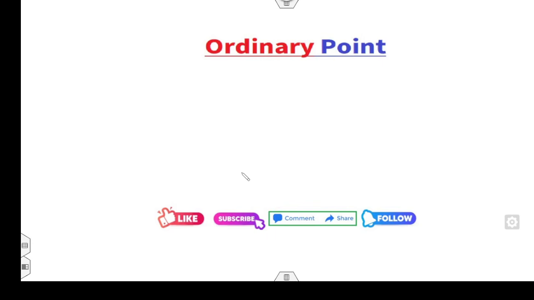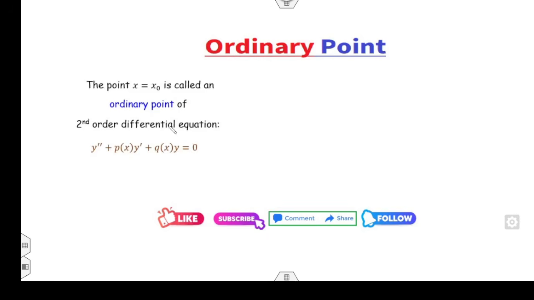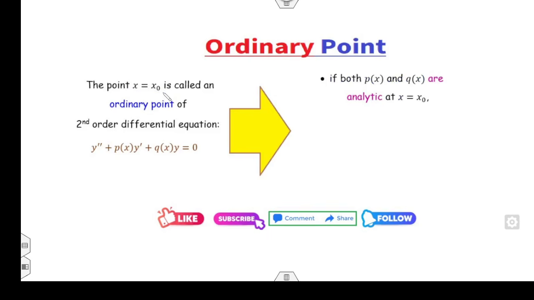Now we can define the concept of the ordinary point. Any point x equals x naught is said to be the ordinary point of the differential equation if p(x) and q(x) both must be analytic at the point x equals x naught. और analytic का मतलब क्या है?